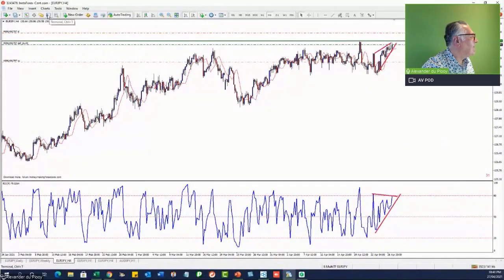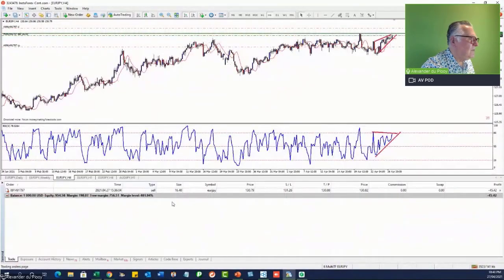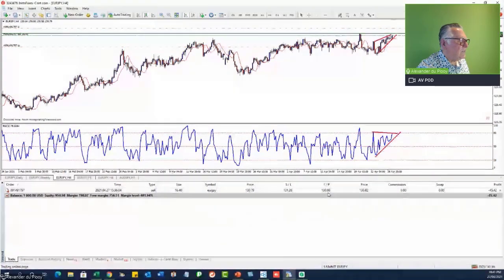Okay, there it is. You can see the margin. I've only got $700 free. And there are the details. So that's the entry price, there's the stop loss, and there's the target.